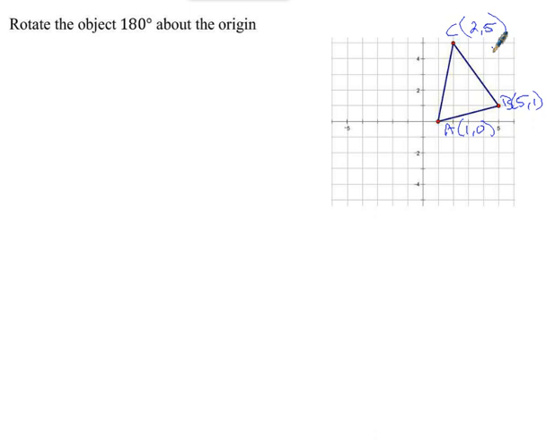I change the sign on both, right? So if A is 1, 0, A prime is what? -1, 0. And if B is 5, 1, then B prime will be -5, -1.